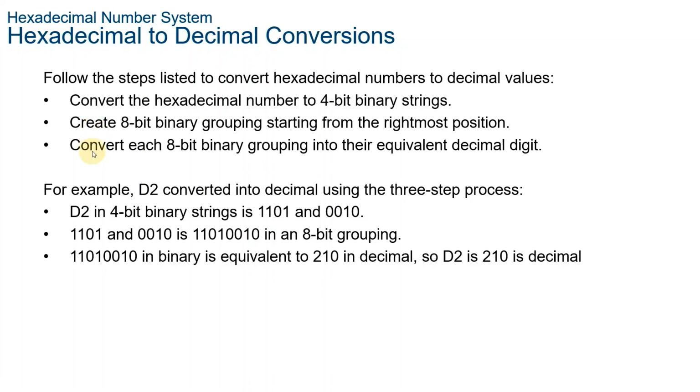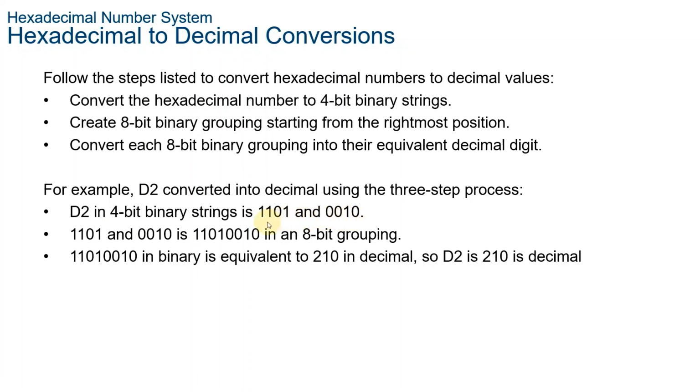Third, convert each 8-bit binary grouping into its equivalent decimal value. For example, D2 needs to be converted into decimal using these 3 steps. Starting with the first step, D2 in 4-bit binary strings is equivalent to 1101 and 0010.